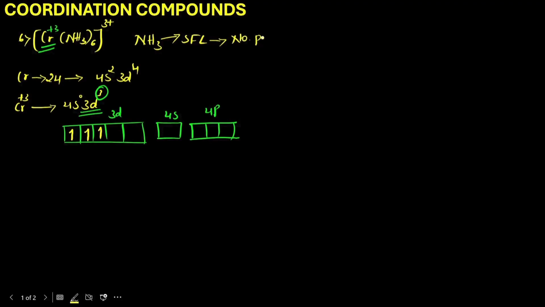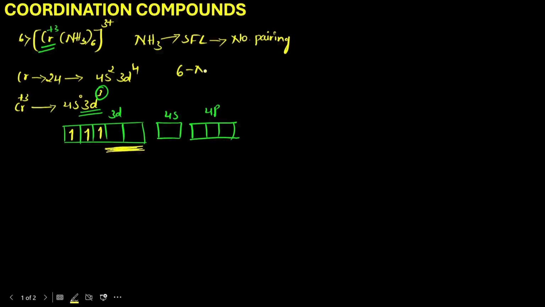No pairing takes place, because pairing takes place to create vacant d orbitals. I'm repeating again: pairing takes place to create vacant d orbitals, but here we already have vacant d orbitals. Therefore, here pairing will not take place.